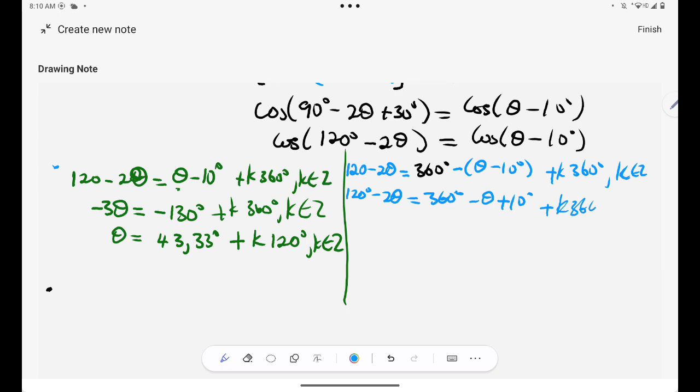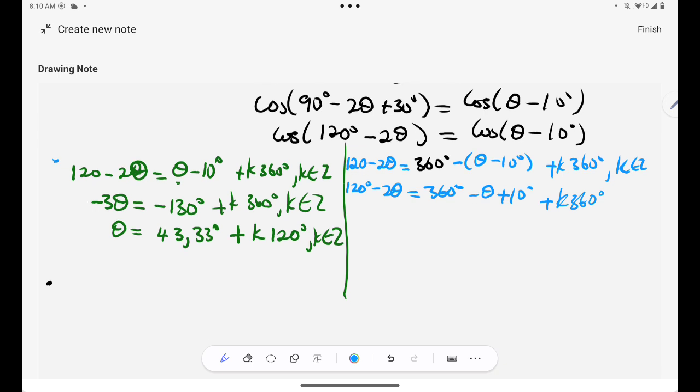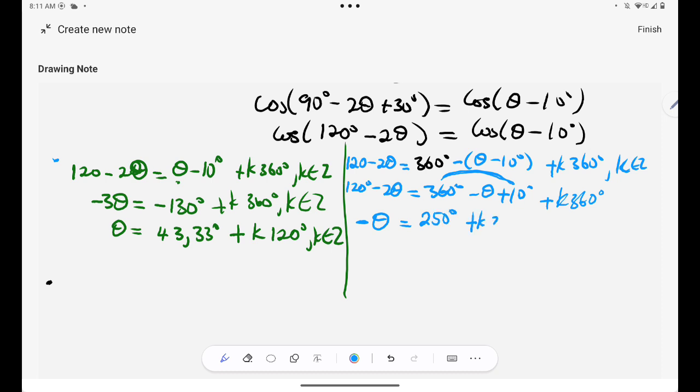This is k 360. When I take the negative theta to the other side, it will be positive. So I'll have minus 2 theta plus theta rather. It will give me a negative theta. Are you together? This and this will give me 370. And then when I say 370 minus the 120 that comes from the left hand side, I'll be left with 250 plus k 360.